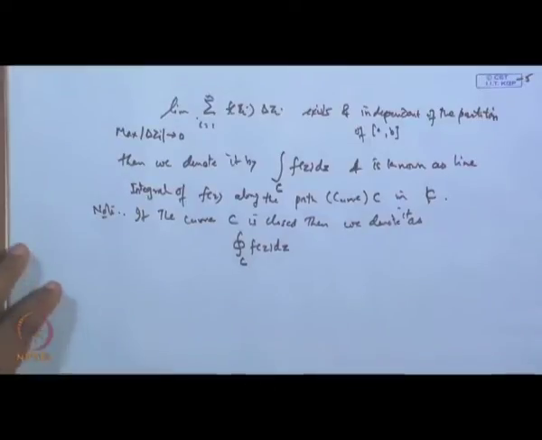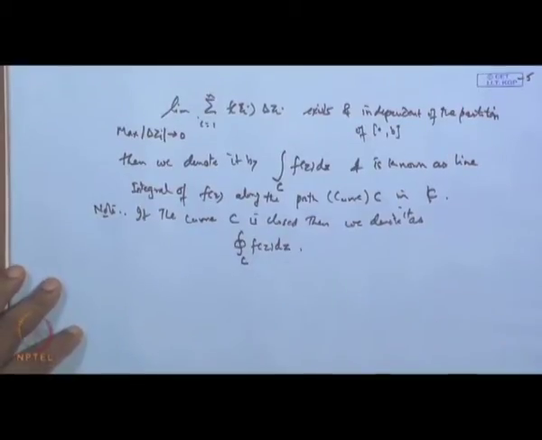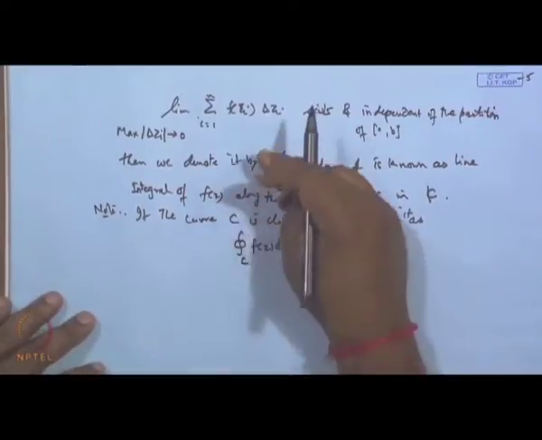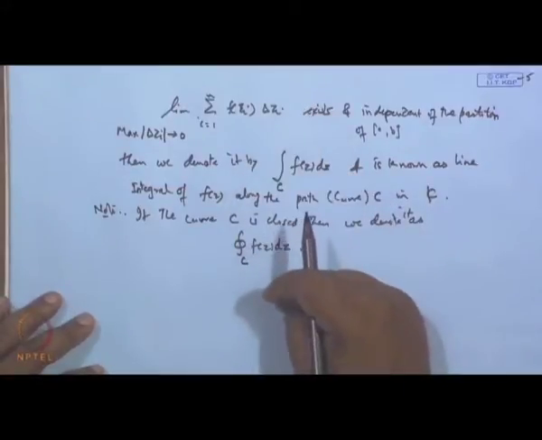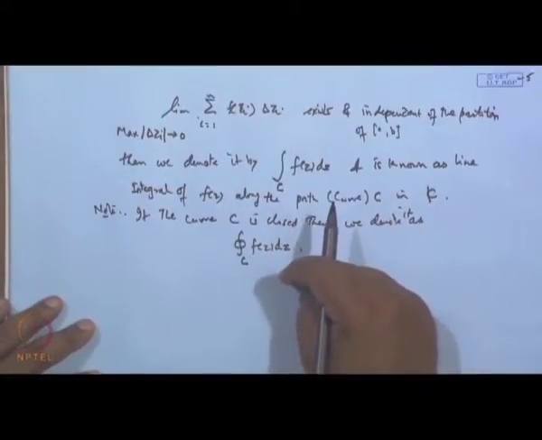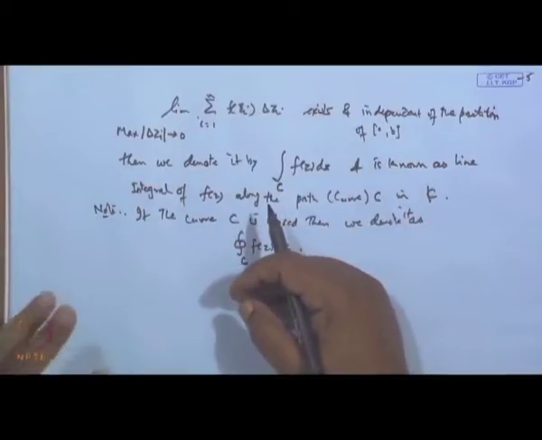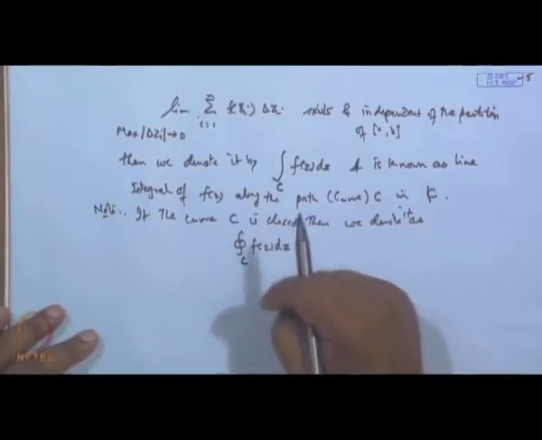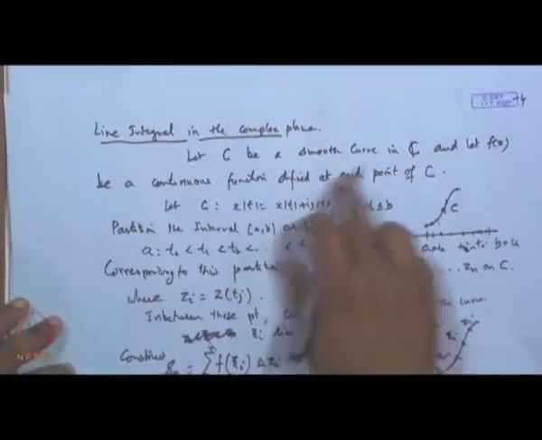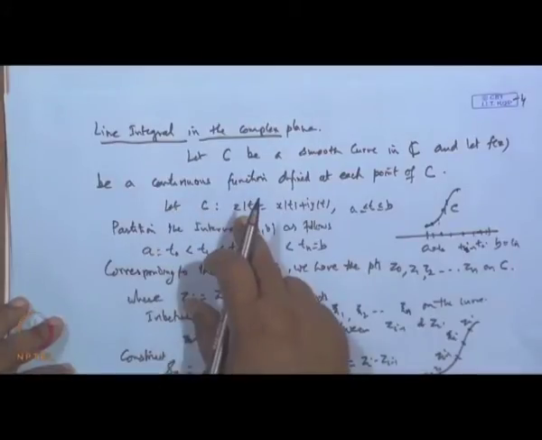Okay. So, under what condition will this integral exist? Let us see the existence of this complex integral, because what we have assumed is that C is a smooth curve and f is a continuous function.